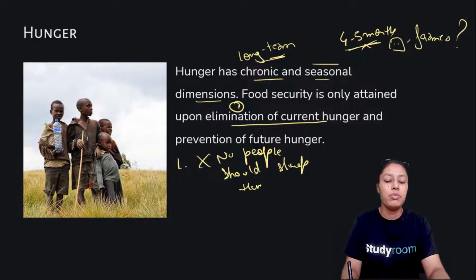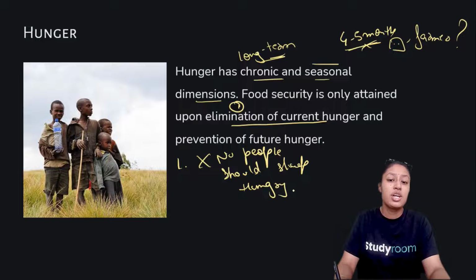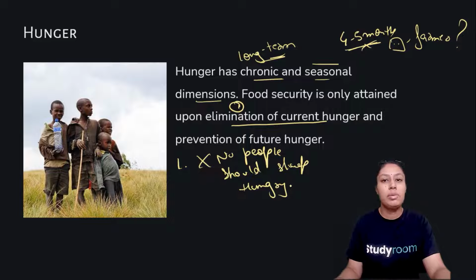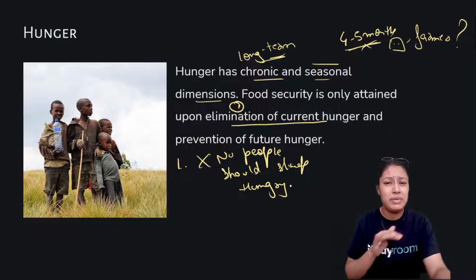There should not be a single person in our country that has to sleep hungry. But unfortunately, the ratio of such people is very high in our country, right? So food security can only be attained if we first completely eliminate hunger from our society.